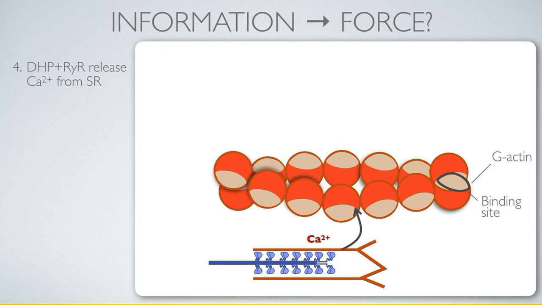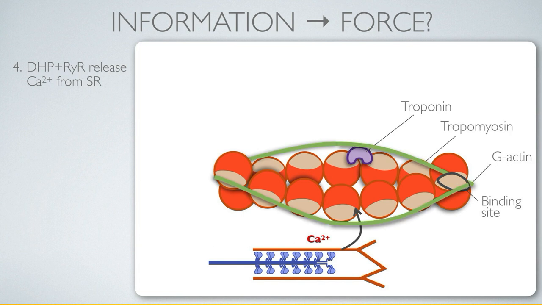So we're looking at just a half twist of 2 of those G-actin polymers. In addition, the thin filament includes the protein structures that serve to control the tension that's generated by myosin. Okay, this is where the calcium comes in. The calcium activates a protein called troponin. Troponin is mechanically coupled not just to the G-actin monomers, but also to another protein known as tropomyosin.